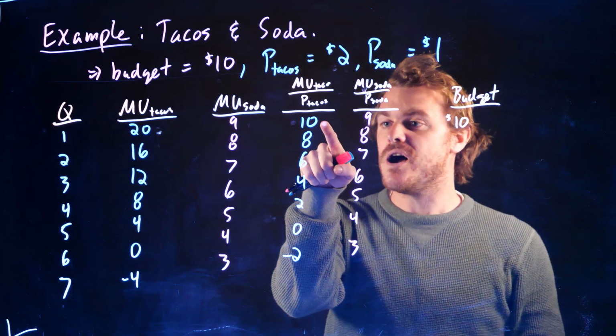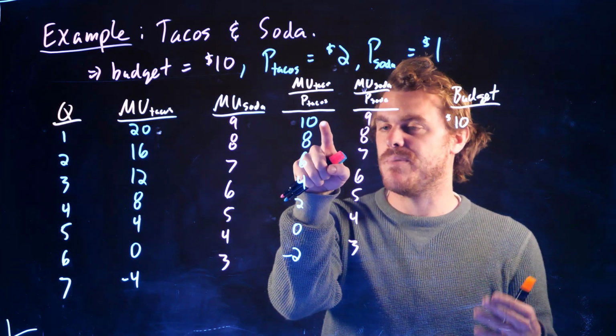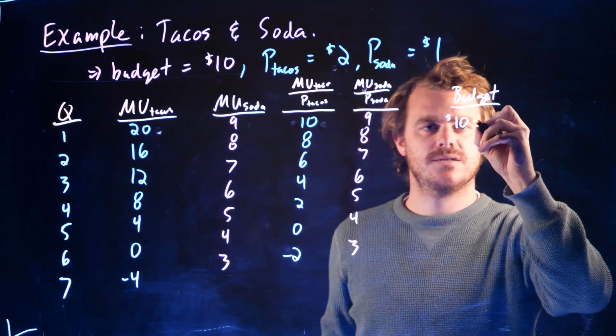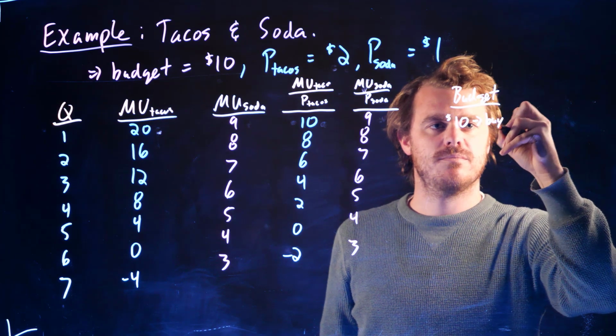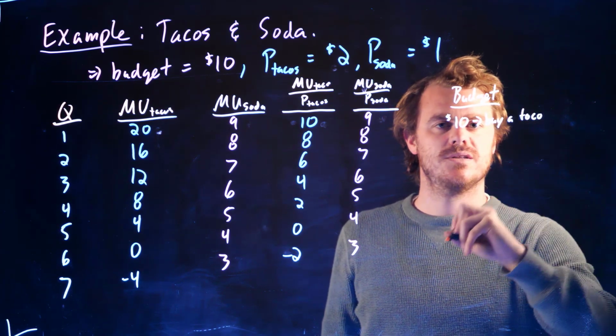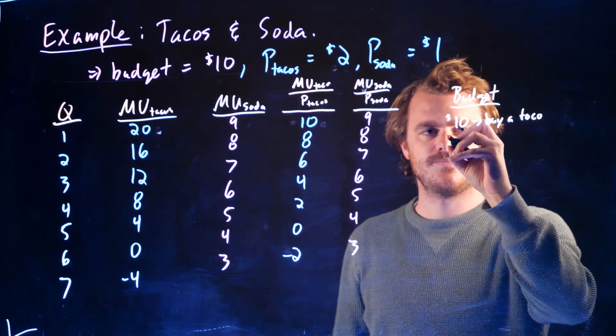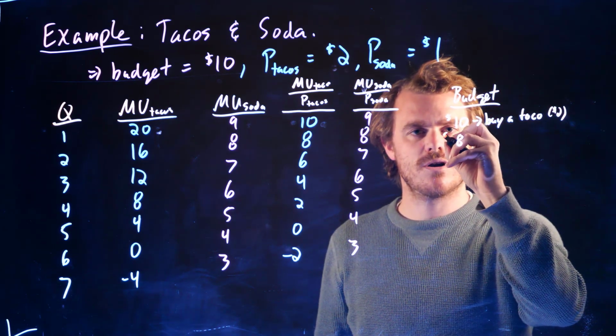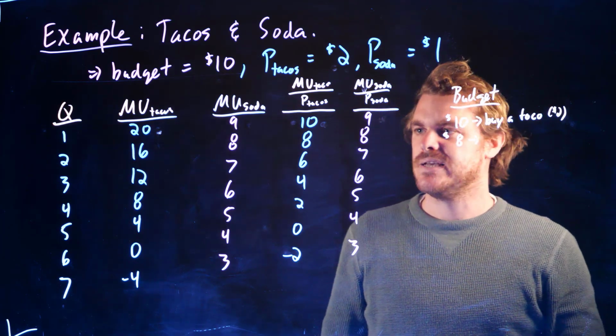Well, this first taco is going to give us the most bang for our buck, and we can afford it because we have $10 and it only costs $2. So we're going to buy a taco, and then we have $8 left. Hopefully this fits in the screen, and so now our budget's down to 8.